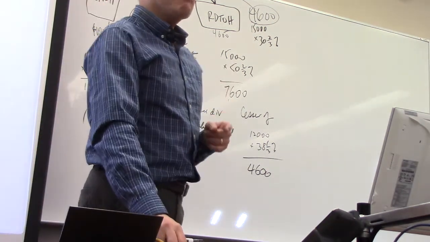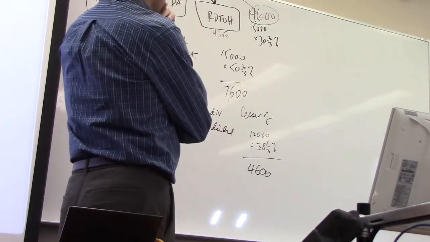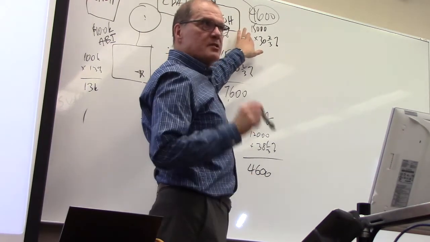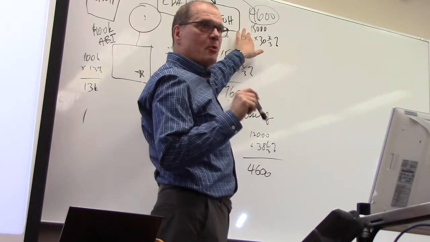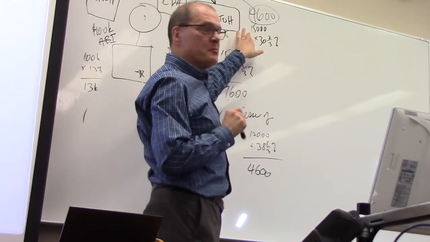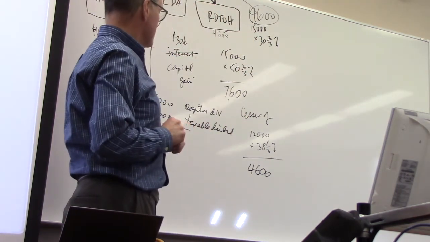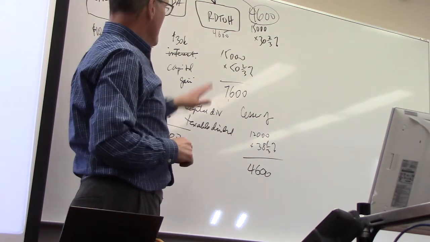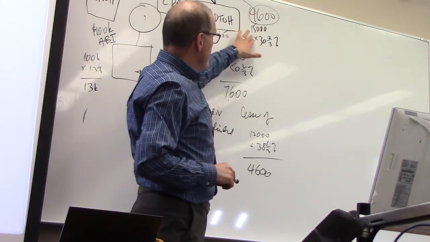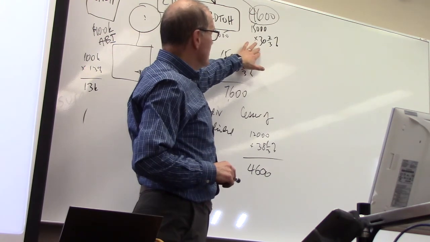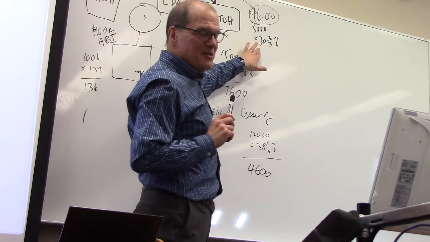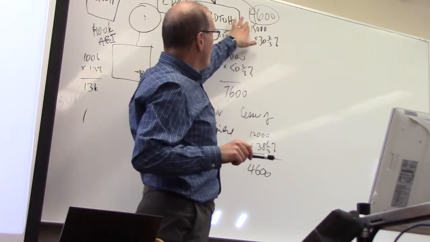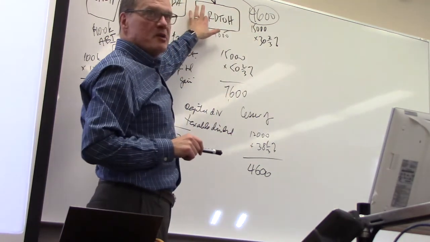Yes? Where did that 1,500 at the top come from? This is 15,000. It's the taxable portion of the capital gain. It's the taxable capital gain. And just to walk through it again, 15,000 times 30 2/3%, decimal 0.30666, $4,600 went into the RDTOH bucket.